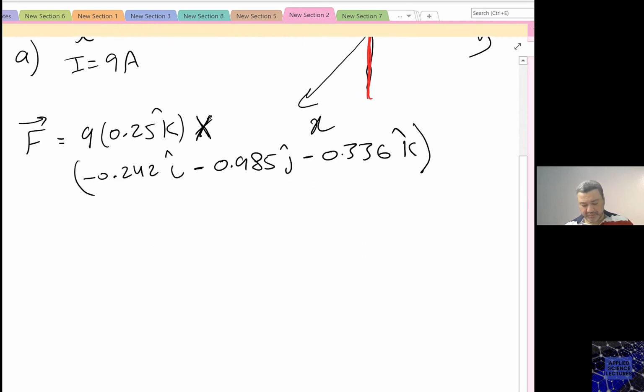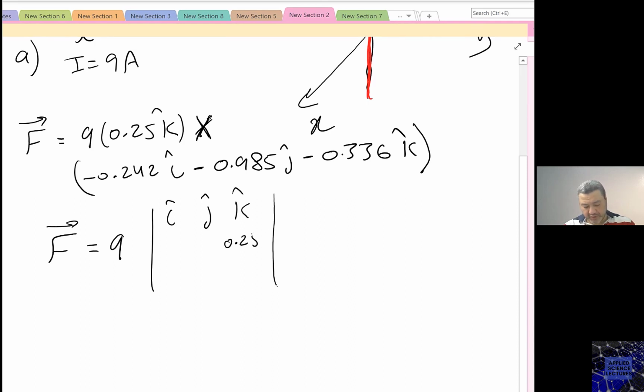So in this case, we're going to look at F equals 9 times the determinant with i, j, k, then 0, 0, 0.25, then minus 0.242, minus 0.985, and minus 0.336.